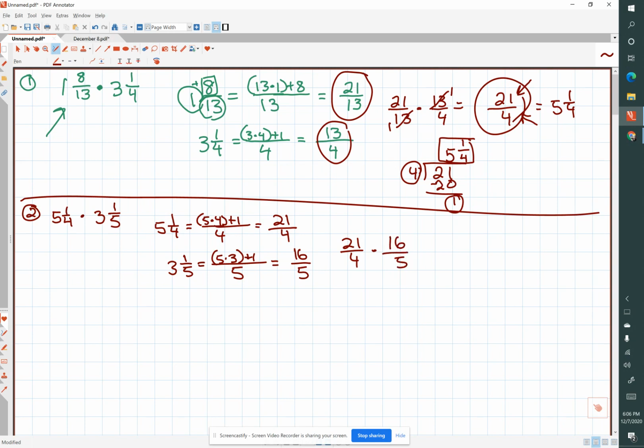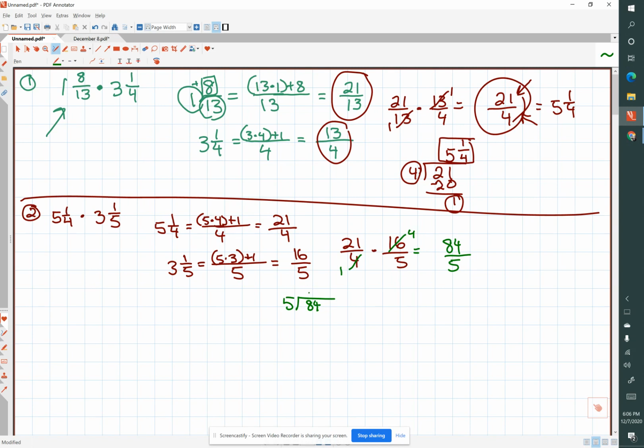And I do see a nice opportunity for simplifying there. 4 is a factor of 16, so 4 divided by 4 is 1. 16 divided by 4 is 4. 21 times 4 is 84. And 5 times 1 is 5. And we have an improper fraction, so we'll divide 84 by 5.